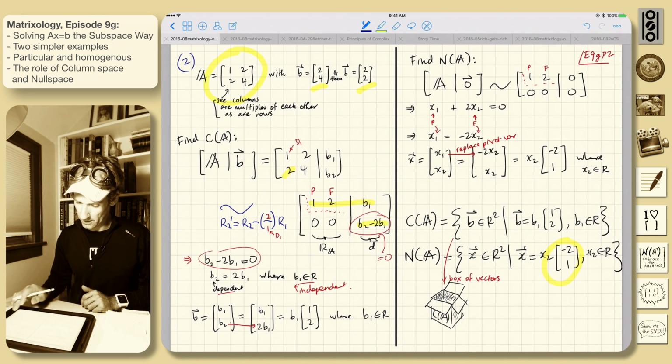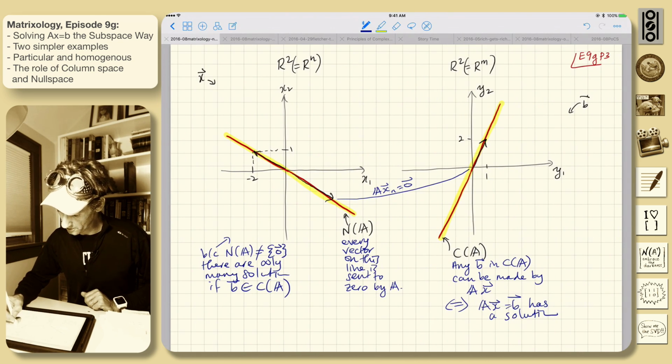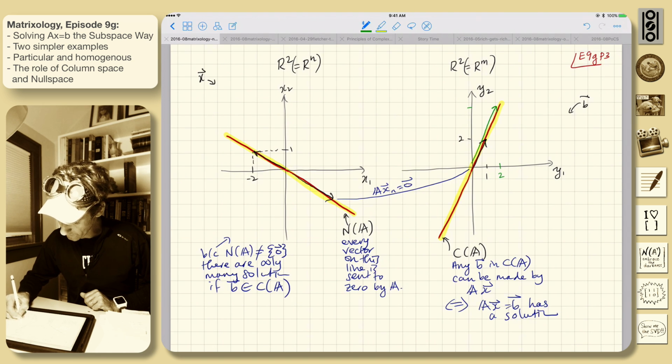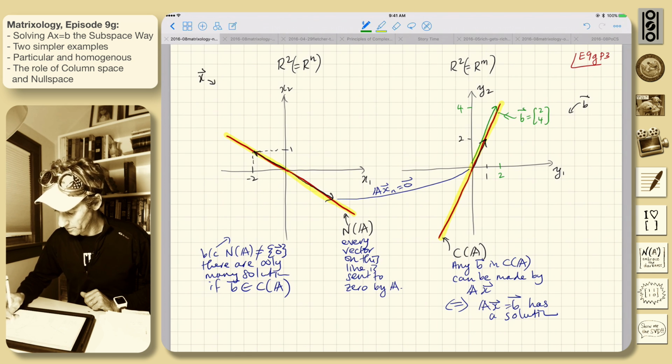We had 2, 4 and 2, 2. So 2, 4 is here. So this is just one example. So this is b equals 2, 4. Solvable. Ax equals b is solvable.